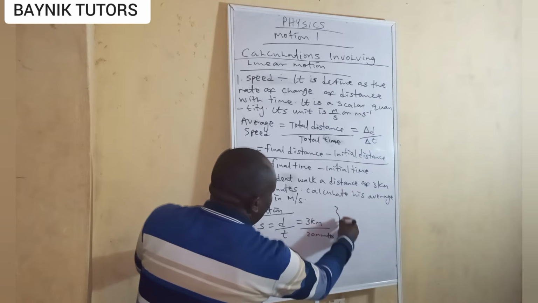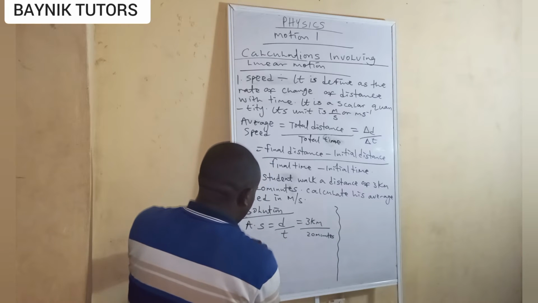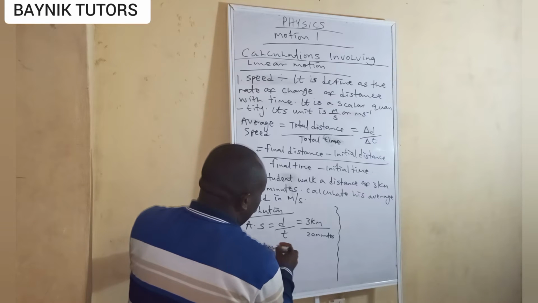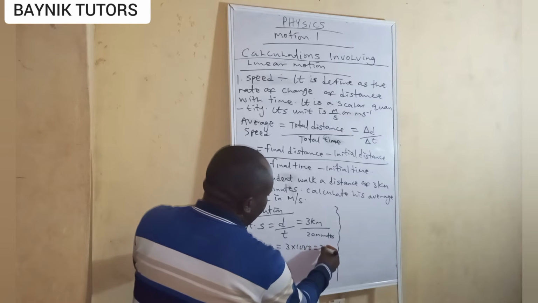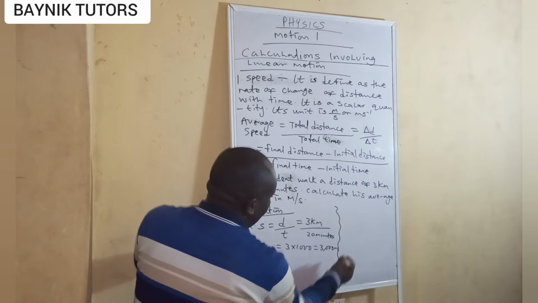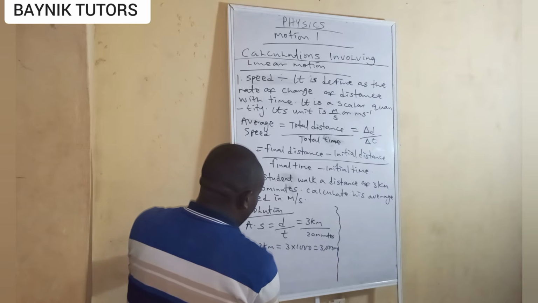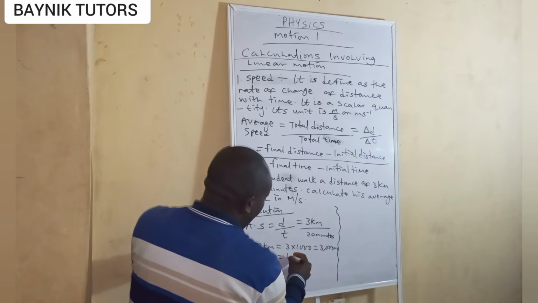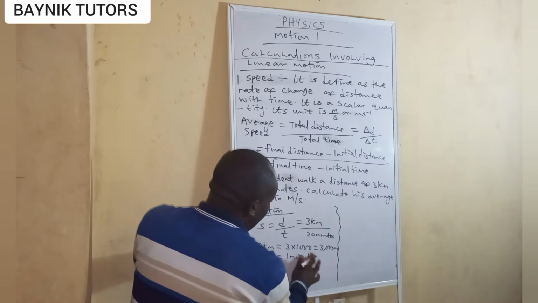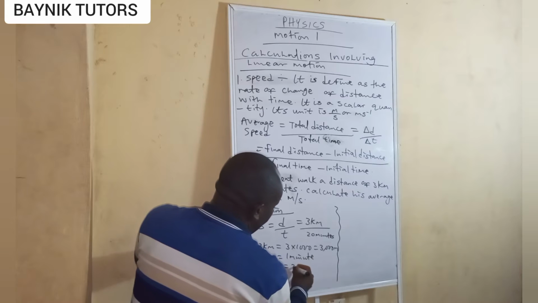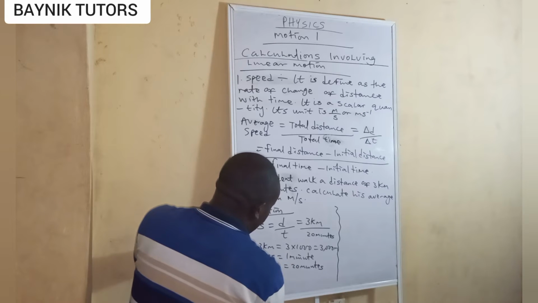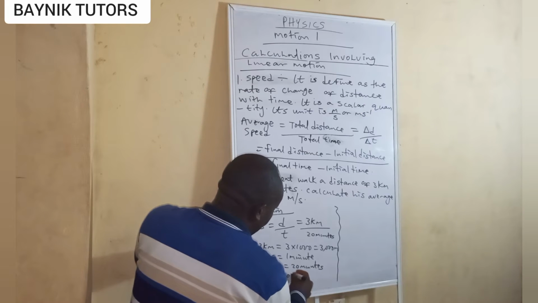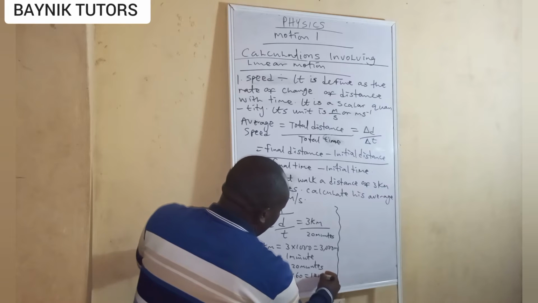What I need to do is convert the distance to meters: 3 times 1000, which is 3000 meters. For the time, if 60 seconds is equal to 1 minute, then 20 minutes is x seconds. So x times 1 is equal to 20 times 60, that's 1200 seconds.